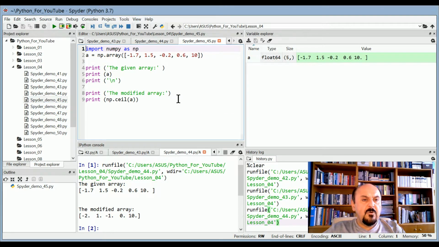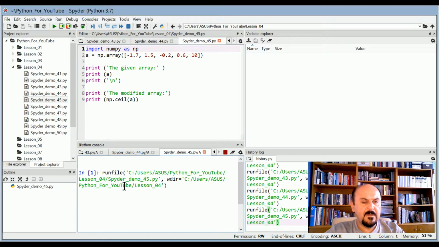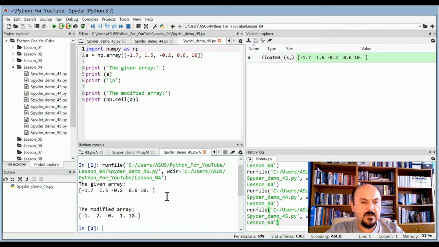Let's go with another example. Here, this time I round the given numbers as ceiling. Ceiling means it rounds up to the next decimal point. So when I run this one, I will show you the difference from the other one. This is the initial array, as you see, and ceiling means it's going to be rounded up to the next decimal.